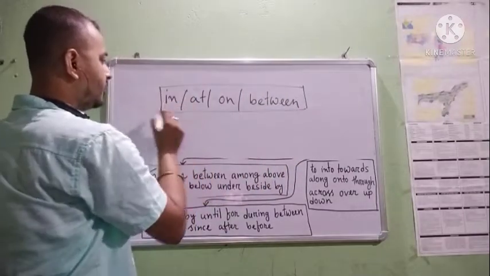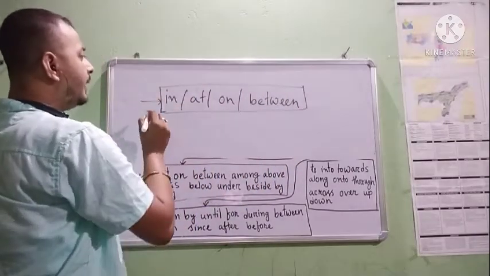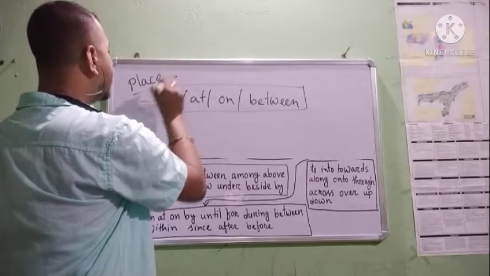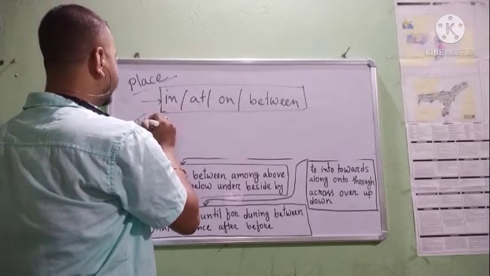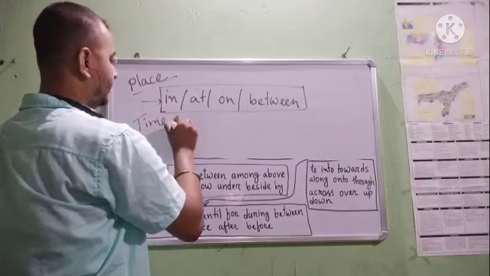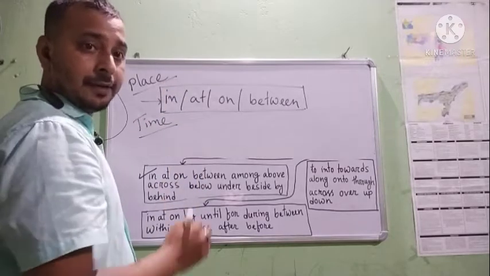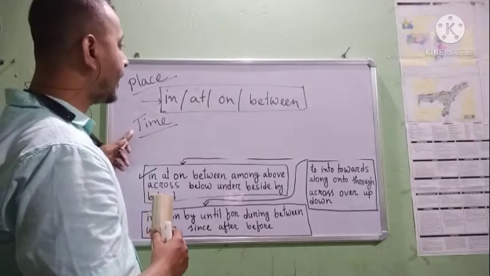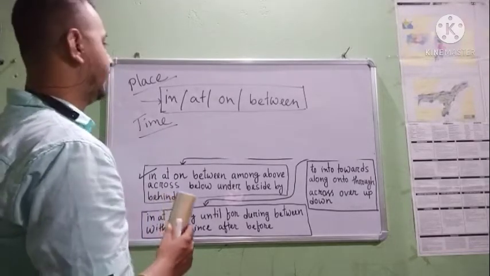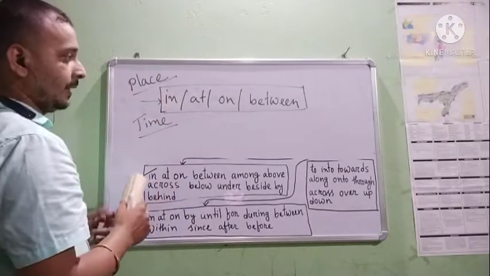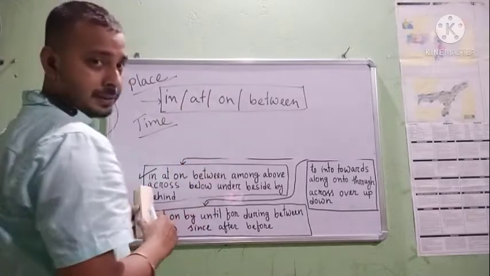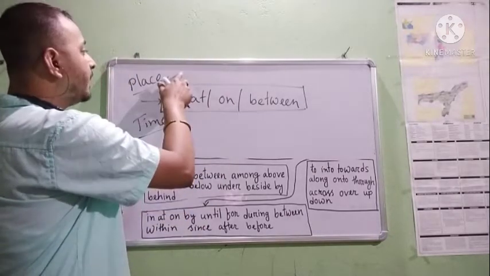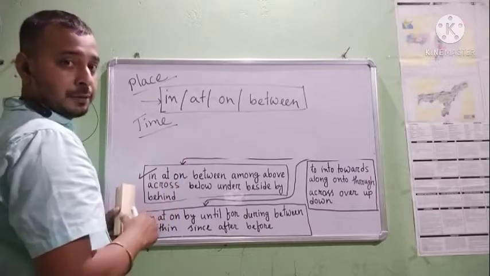These four prepositions may come in place preposition also, or they may come in time preposition also. Okay, now I will show you how they come in place preposition and how they come in time preposition. Okay, I take one example only. Other examples you will make sentences with. I take in. I will use in as a place preposition and as a time preposition also.